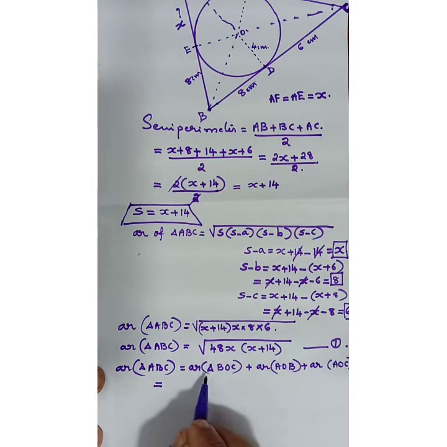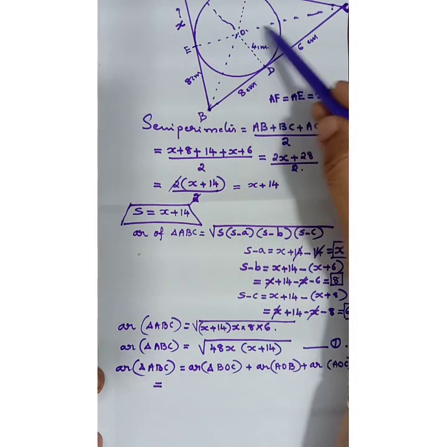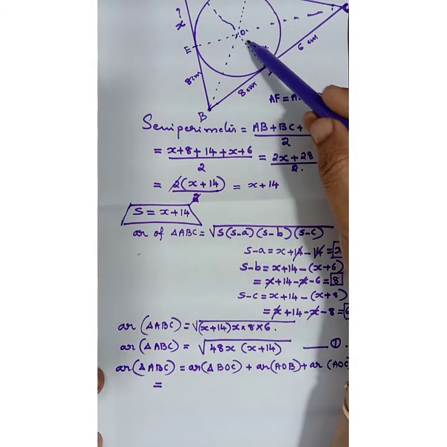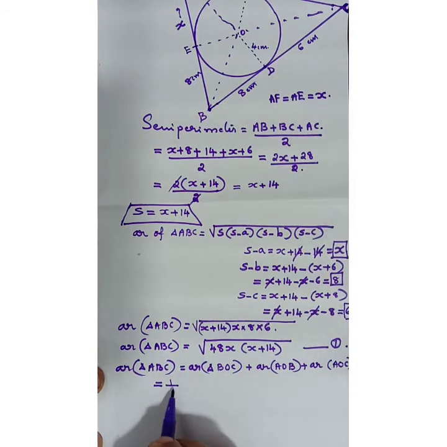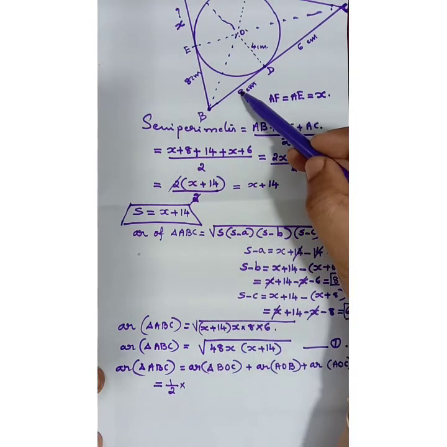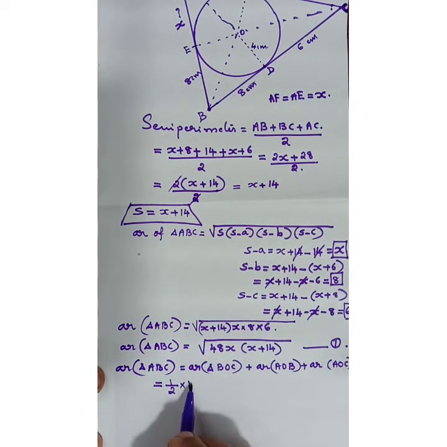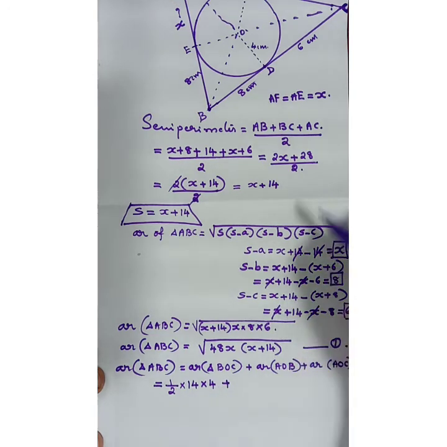Area of BOC means base is BC, height is 4. Half into base BC, which is 8 plus 6, that is 14, into height 4, plus AOB.